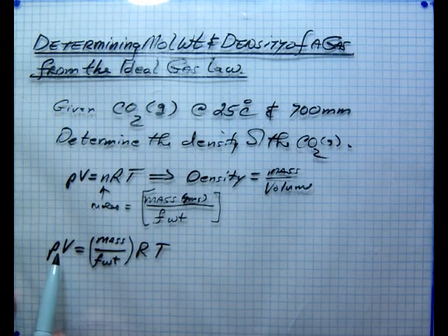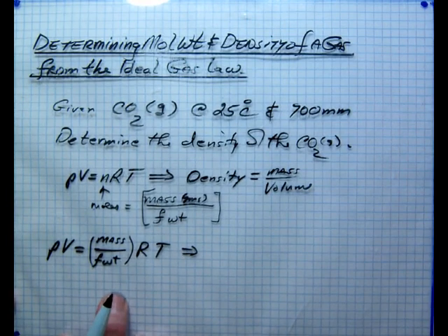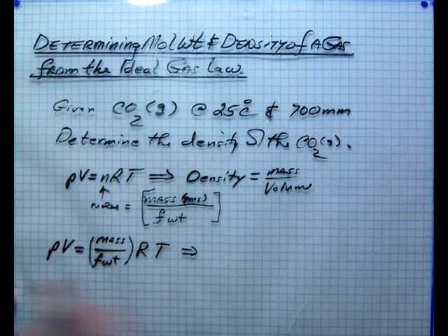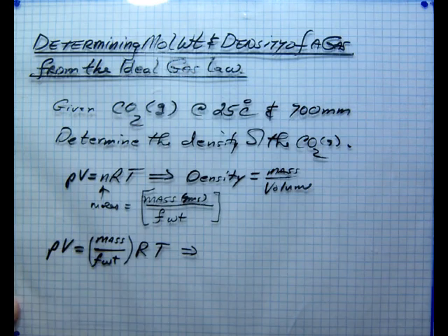I need to convert this relationship now so that it shows mass over volume. Now, I'm going to show you a way to do this. Once you get this far, you really want mass and volume on one side of the equal sign, so I'm going to put it on the right side because I can divide both sides by volume.